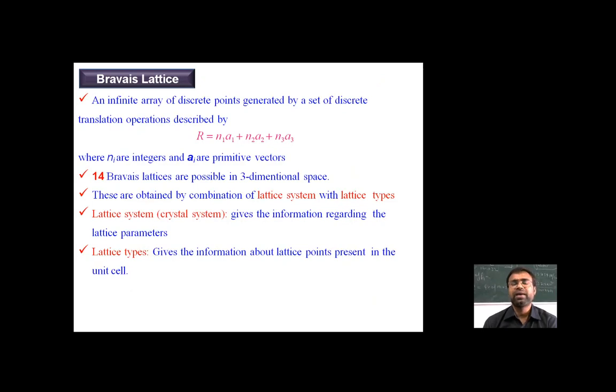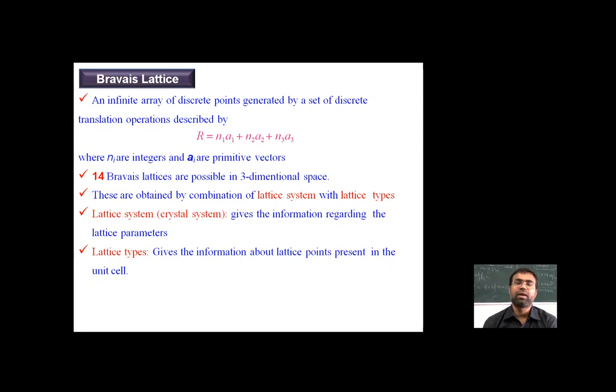So in that we are now moving to the Bravais lattice. A Bravais lattice is an infinite array of discrete points generated by a set of discrete translation operations described by R equal to n1 a1 plus n2 a2 plus n3 a3, where ni are integers and ai are the primitive vectors.